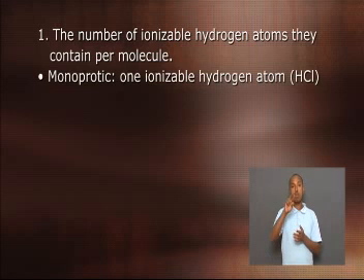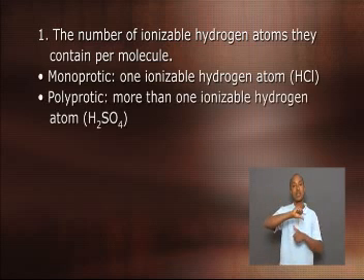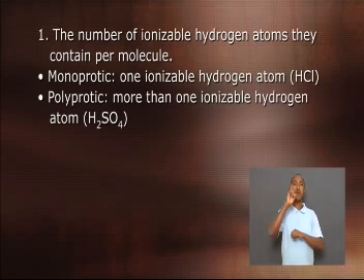Monoprotic acids contain one ionizable hydrogen atom, whereas polyprotic acids contain more than one. Hydrochloric acid is an example of a monoprotic acid, and sulfuric acid is an example of a polyprotic acid.